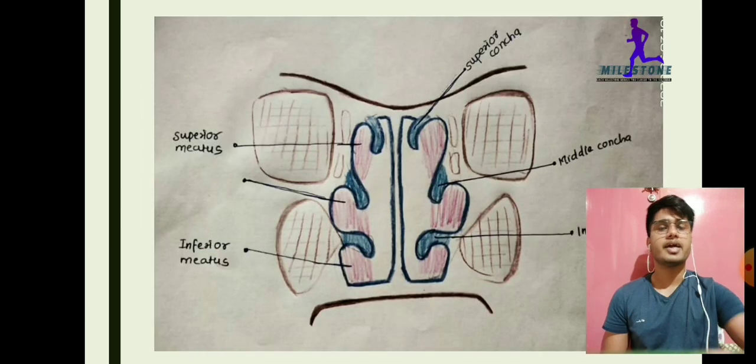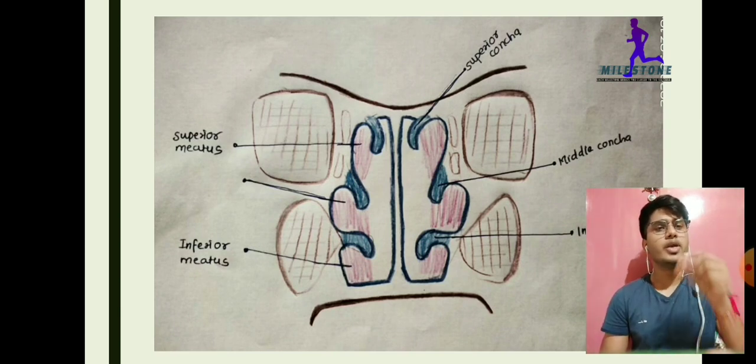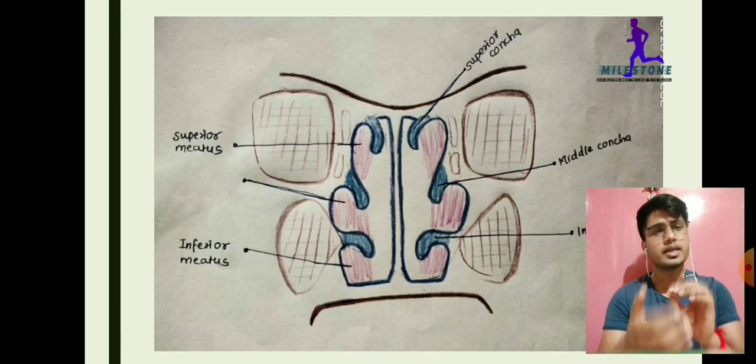Here is a second diagram in which you can see about concha and also about meatus. Generally in the cross section diagram you cannot make out the meatus, but meatus are basically cavity. So concha is a thin bony structure, bony elements in the nose, and the meatus are the cavities.